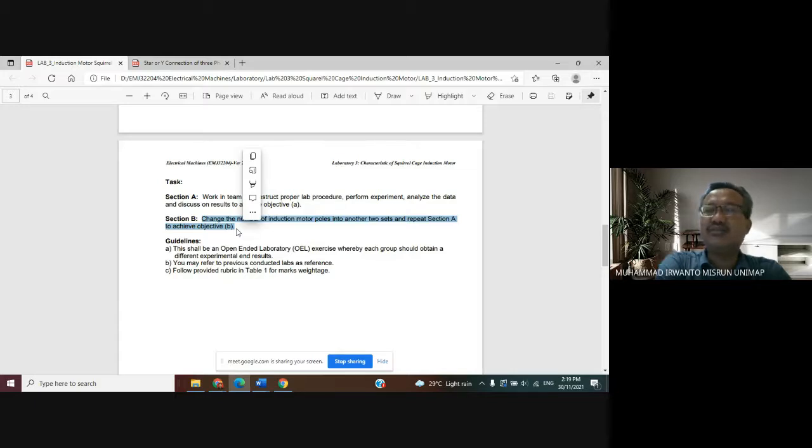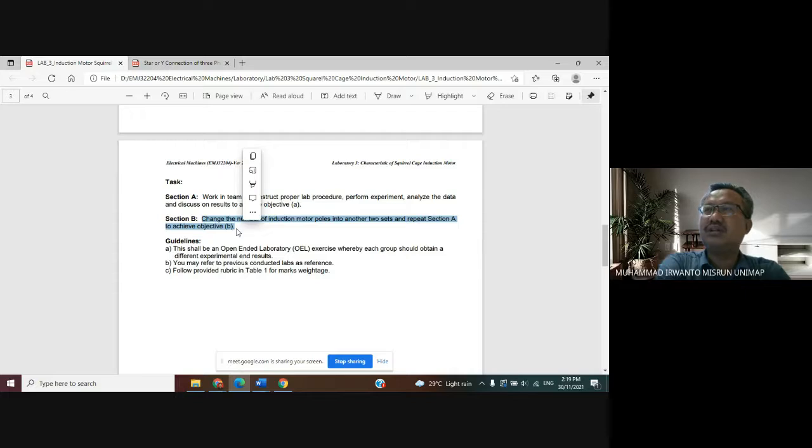In this section B, the fault number will be changed. For example, initially the fault number is 6.